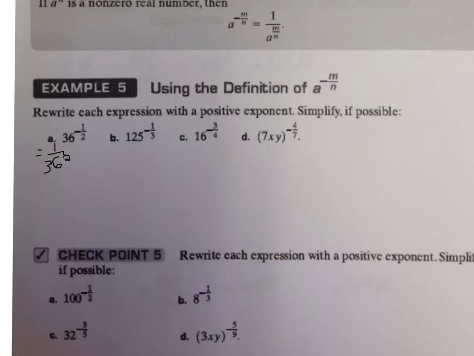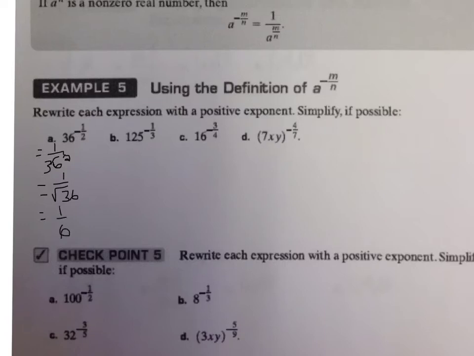We also know from yesterday that 36 to the 1/2 is the same as the square root of 36. So we got 1 over the square root of 36, and 1 over the square root of 36 is 1 over 6.